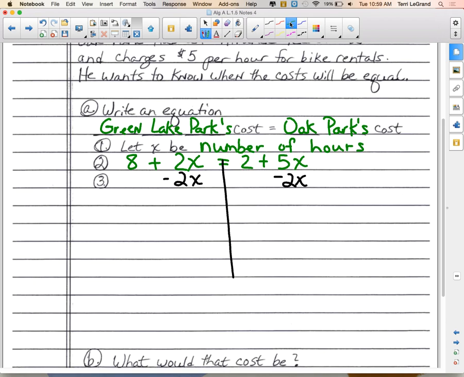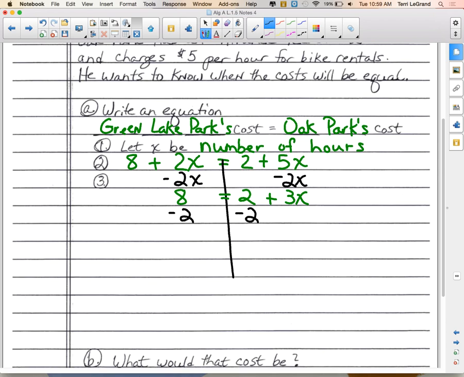Okay. What does the left side have left? 8. Okay. How about the right side? What's that? 2 plus 3x. Okay. Now what? There are two things over here, so which one should we get rid of? Subtract the 2. Yeah, let's subtract the 2, not subtract the 8. That gets us in trouble, lots of us.